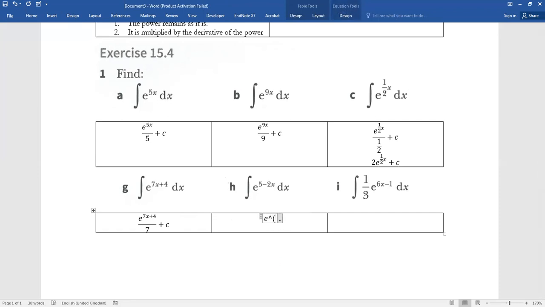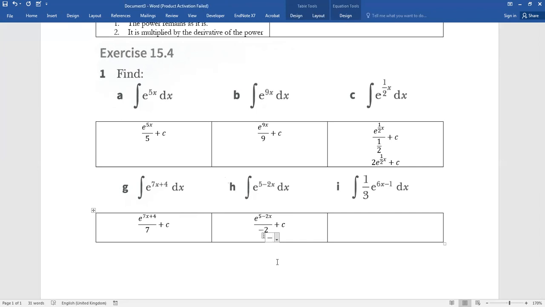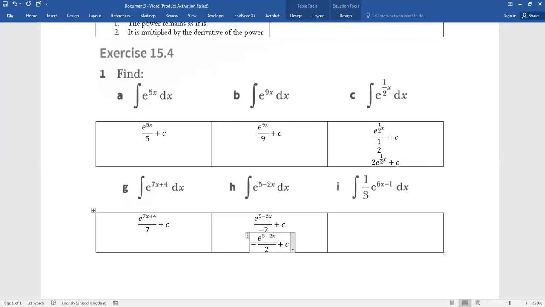E to the power 5 minus 2x divided by negative 2, plus c. Again, I can just write it as negative e to the power 5 minus 2x upon 2 plus c, because writing a negative sign with the denominator doesn't suit us for further simplification. So we'll give the entire fraction a negative sign. Is this clear? Yes, sir.